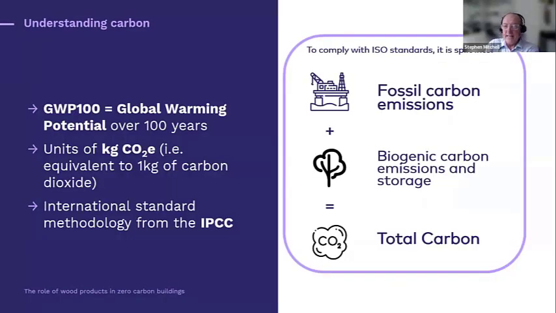Now, when understanding carbon and how to deal with these numbers, it's important to know that we have fossil carbon emissions, and we've got biogenic carbon emissions and storage, and you add those two together and you get the total carbon number for wood products.